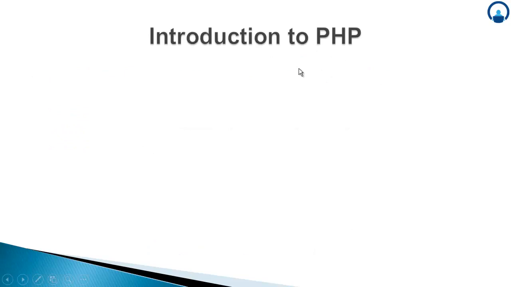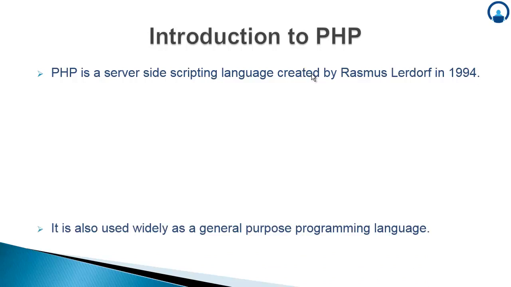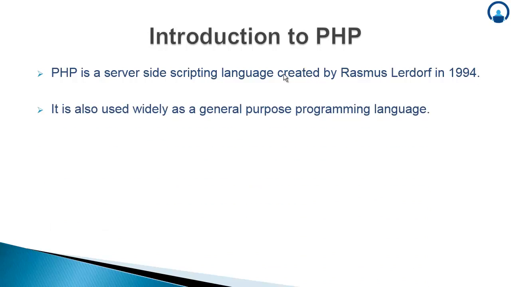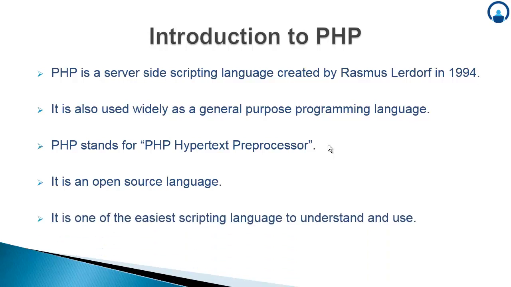Introduction to PHP. Now, PHP is a server-side scripting language created by Rasmus Lerdorf in 1994. It is also used widely as a general-purpose programming language. PHP stands for PHP Hypertext Preprocessor. It is an open source language. It is one of the easiest scripting languages to understand and use.